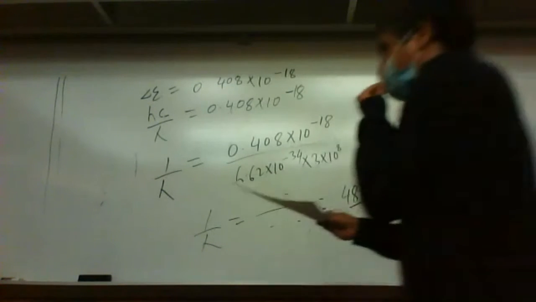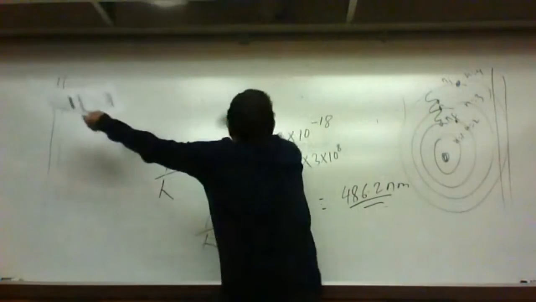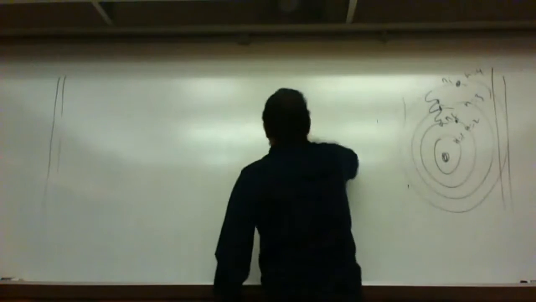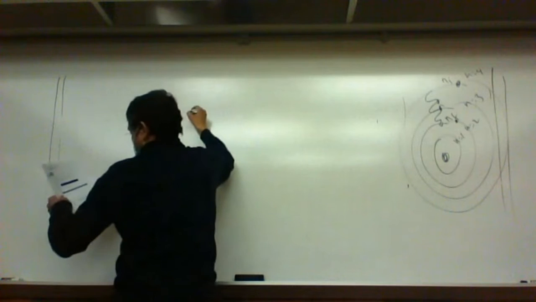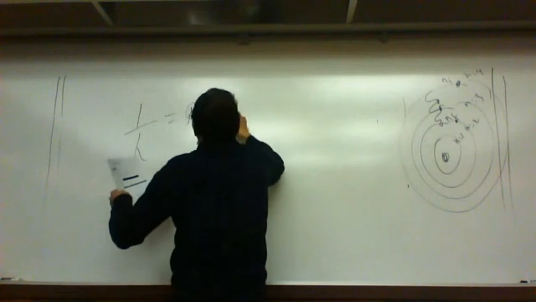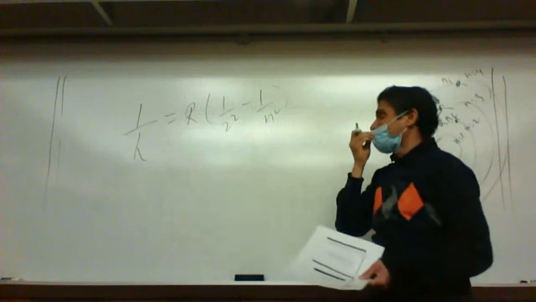So any equation you can use to calculate the wavelength. Either you can do it energy-wise like this and then convert that energy using hc by lambda, or you could directly do this also. This is the Balmer equation, so you can use this one also.